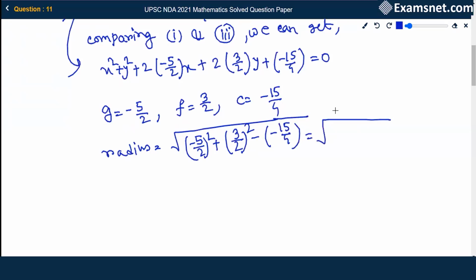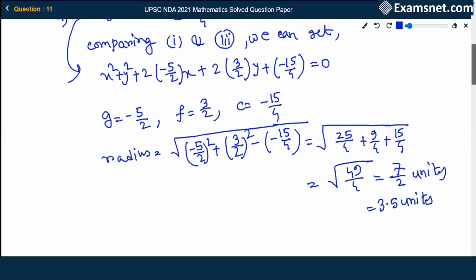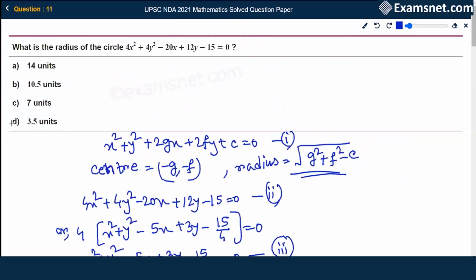So we will get 25/4, 9/4, 15/4. This gives us the square root of 49/4, which means 7/2 units. Further, we can write it as 3.5 units. Now let's check with the options. Yes, option D is the correct answer. The radius of the circle is 3.5 units.